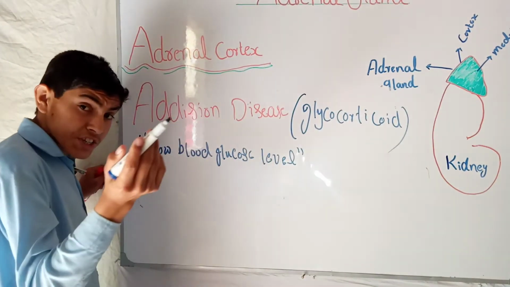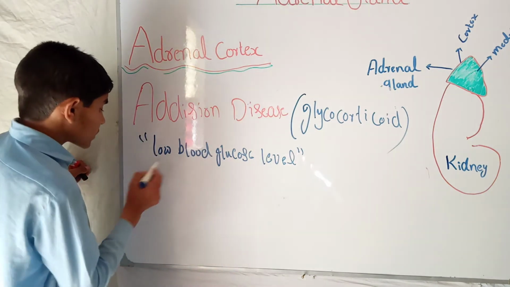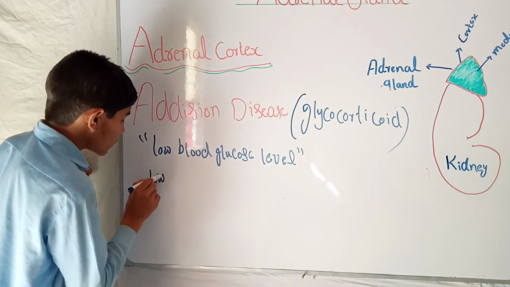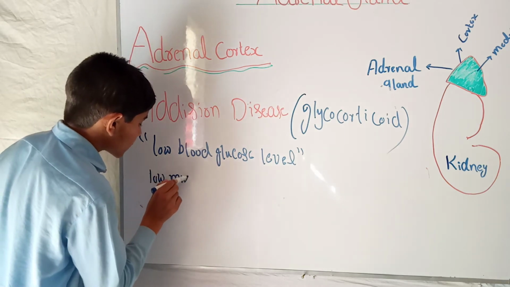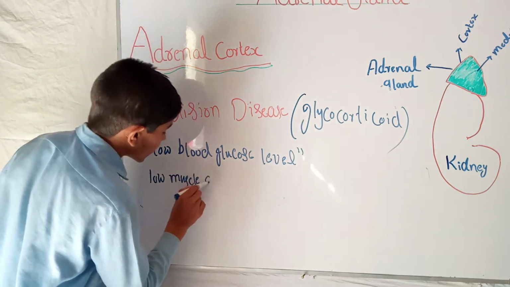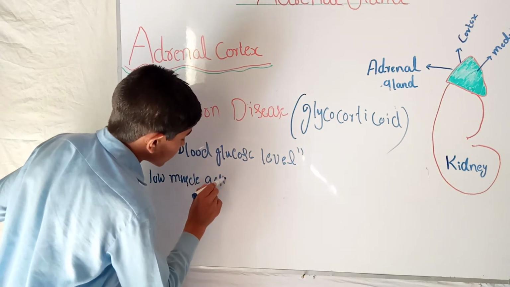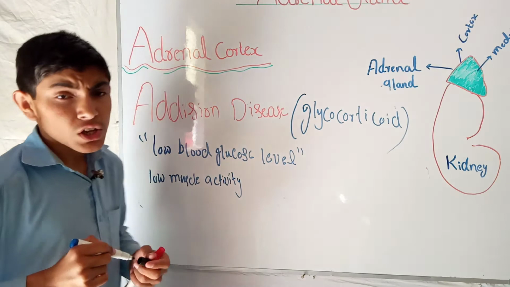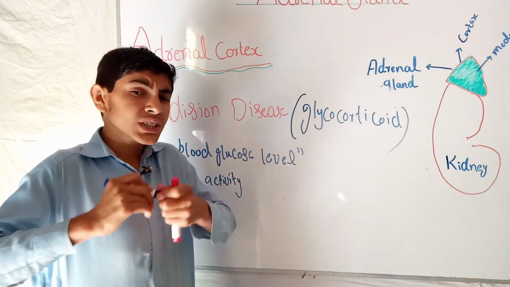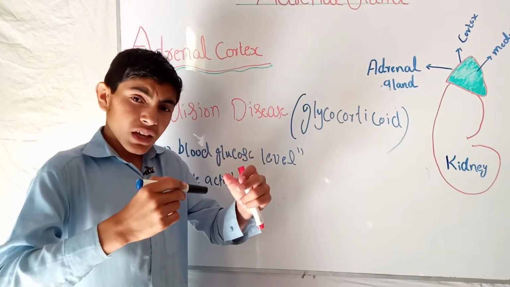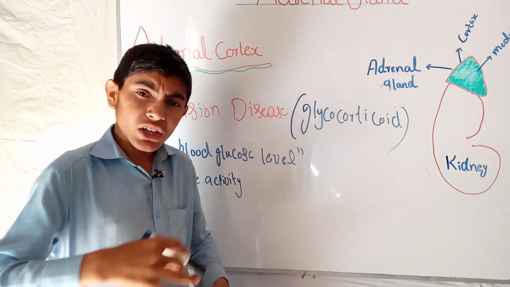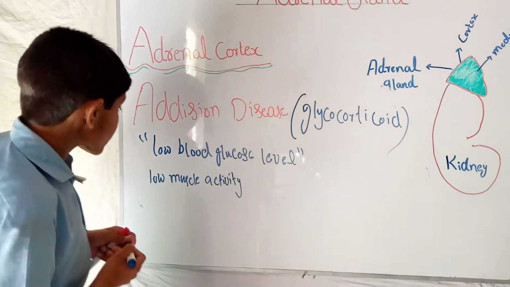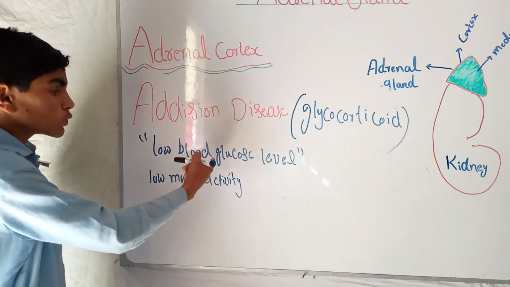Its symptoms include low muscle activity. The person who has Addison's disease has weak muscle activity, and he is weak in his activities and life, and has a low blood glucose level.